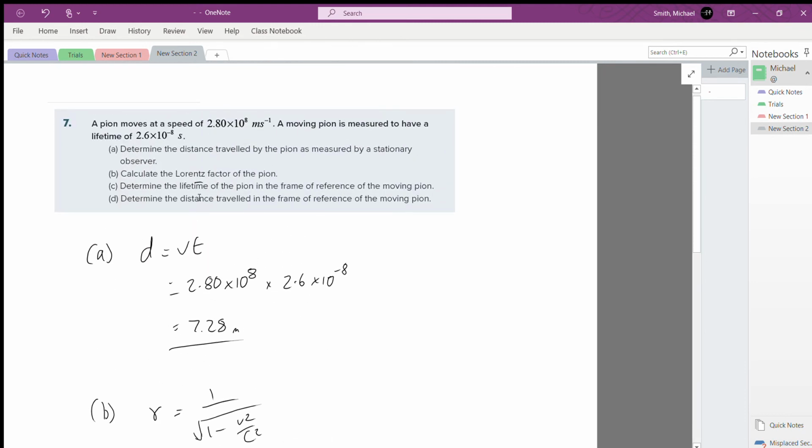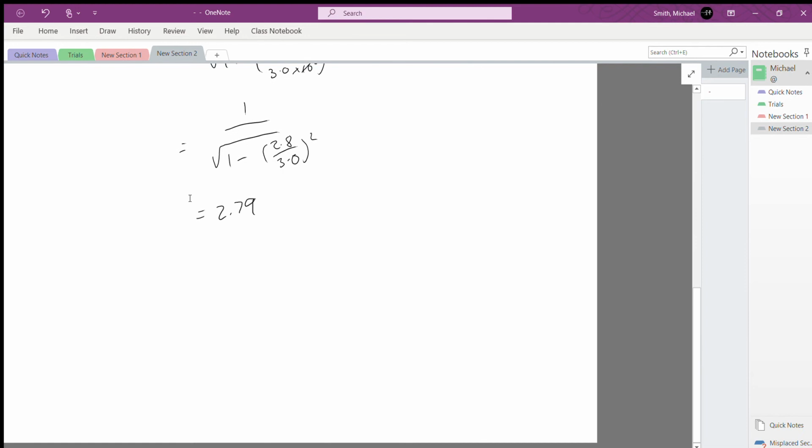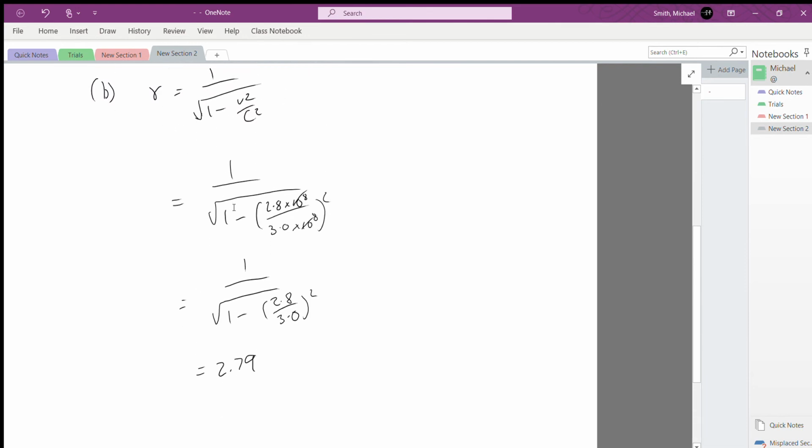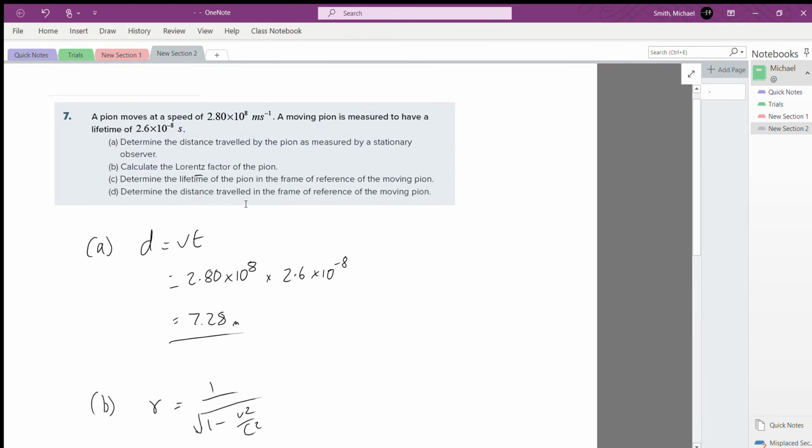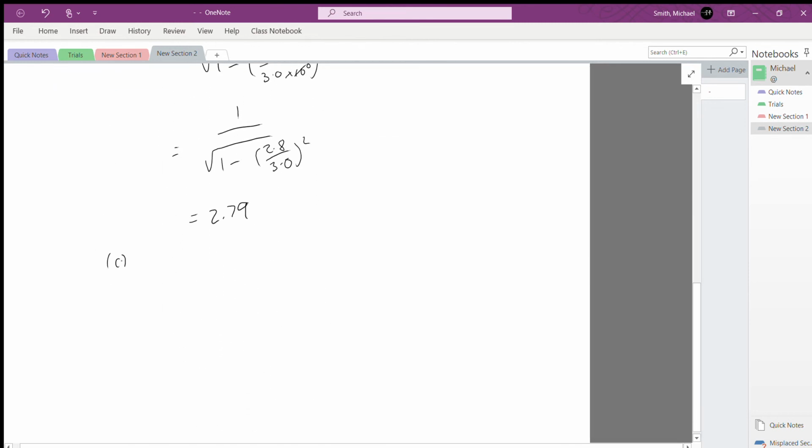Part C requires us to work out the lifetime of the pion in the frame of reference of the pion. So here we need to work out T0, so we're using the relationship T equals Lorentz factor times T0.